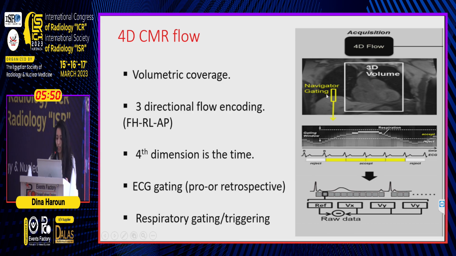The fourth dimension is the time. The raw data is the X, Y, Z direction, and across the time, those are the 4 directions. And it's a volume coverage of the heart, from head to feet. And it's, of course, ECG gated.